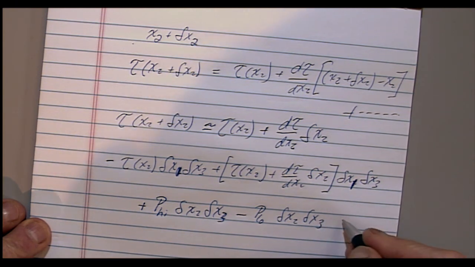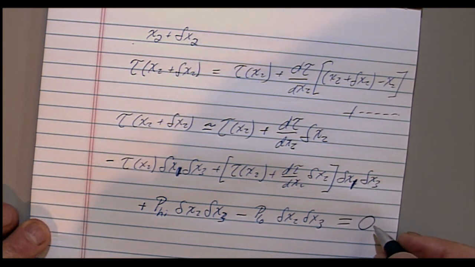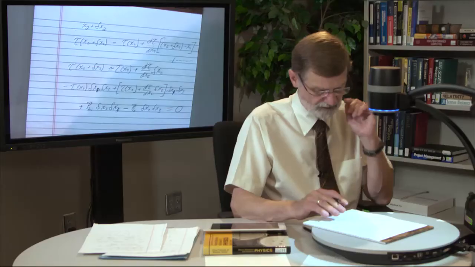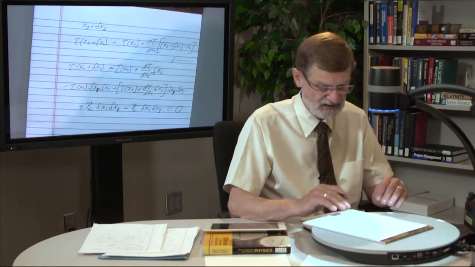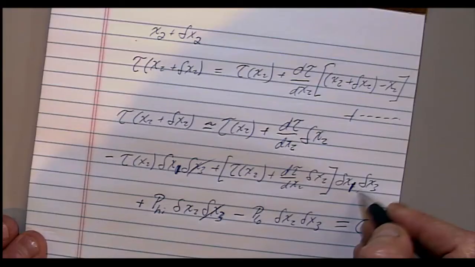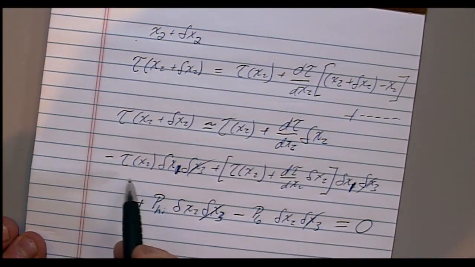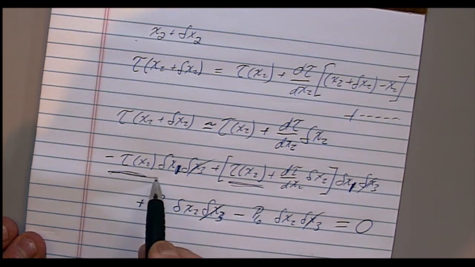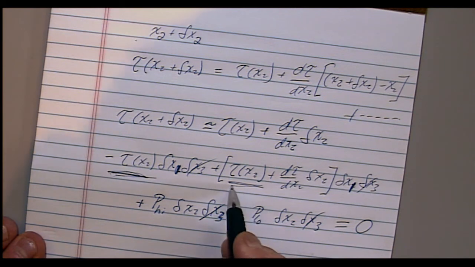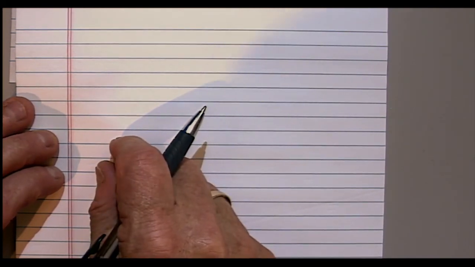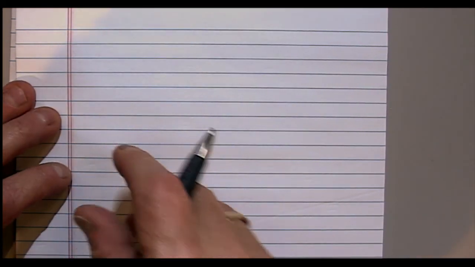And we sum up all those forces, and that has to be equal to 0. Okay, so it's a force balance, balancing the pressure forces with those induced by the shear stress. If I cancel out all the delta x3s right away, I have a tau evaluated at x2, which will cancel this one.